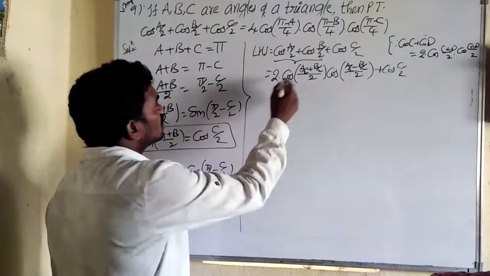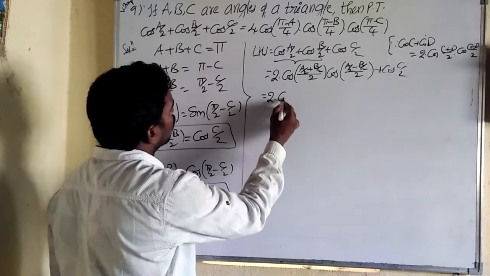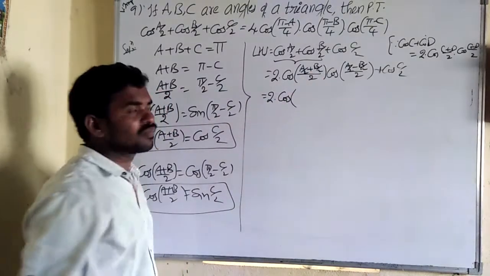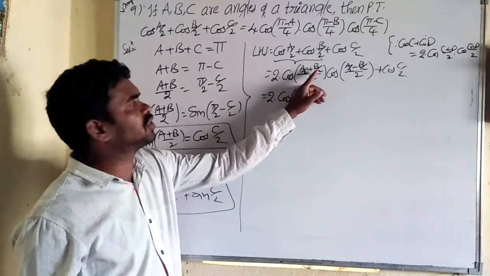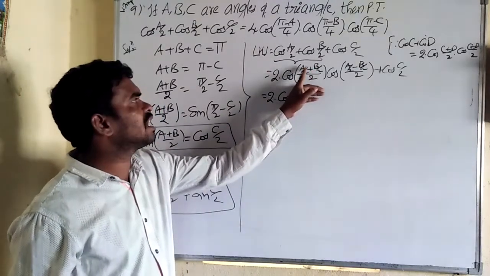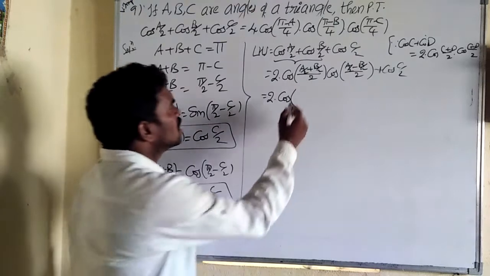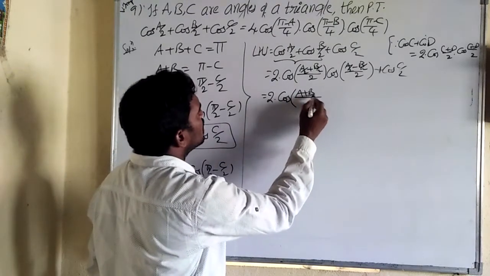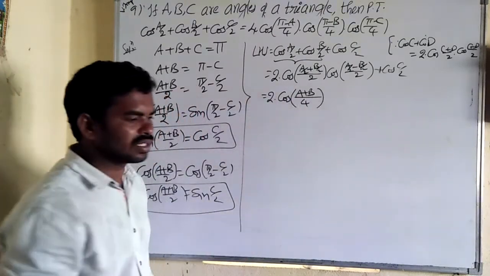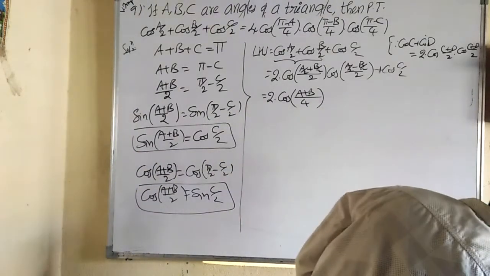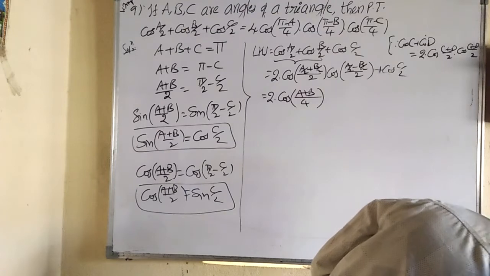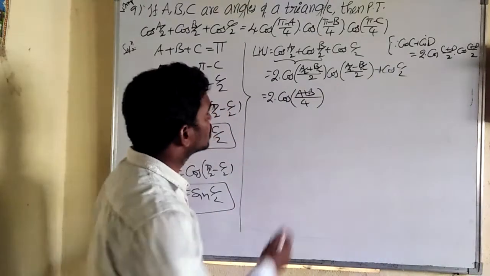Then simplifying this, 2 into cos, see here, (a/2 + b/2)/2 means we get (a+b)/2 by 2, which is (a+b)/4.